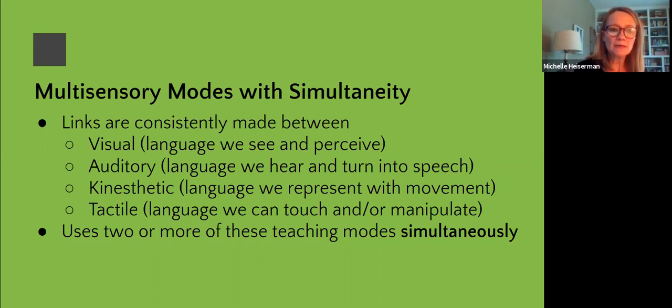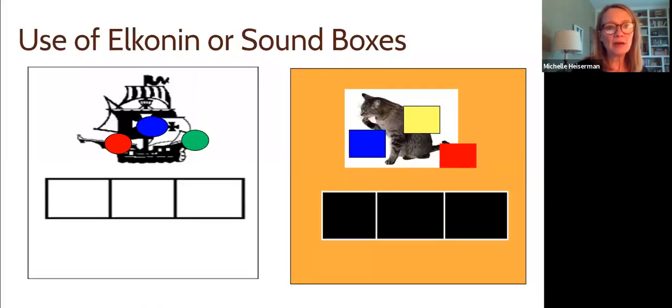The other big component of multisensory instruction is that we think about how we can use two or more of these modalities simultaneously. So this probably looks familiar to many of you. The use of Elkonin or sound boxes, where the students segment the sounds and then move the chips according to the sounds that they hear.